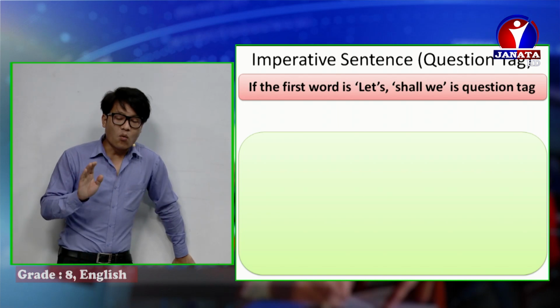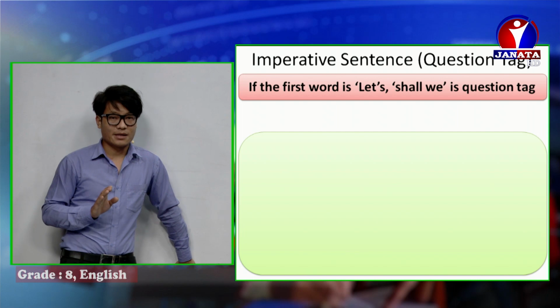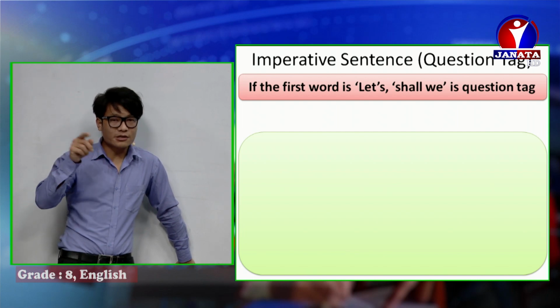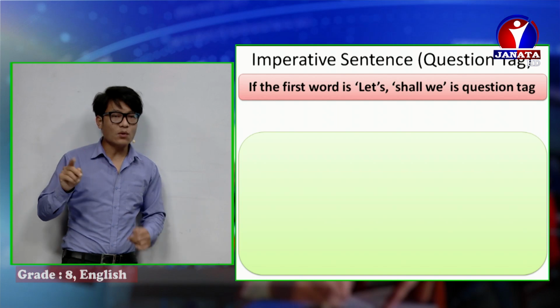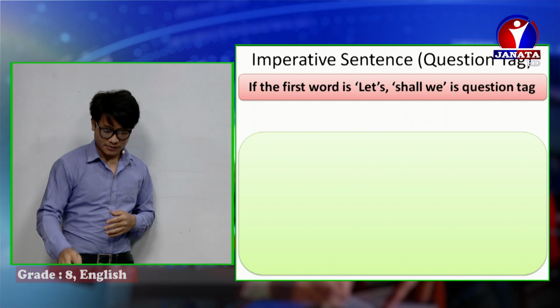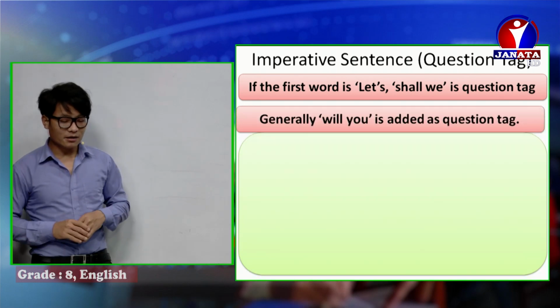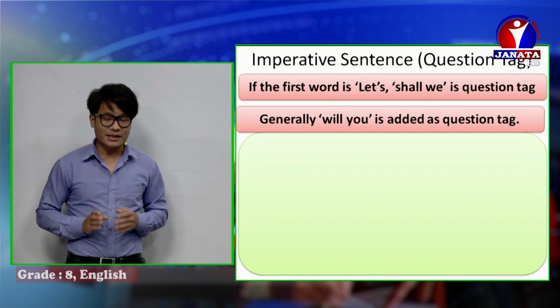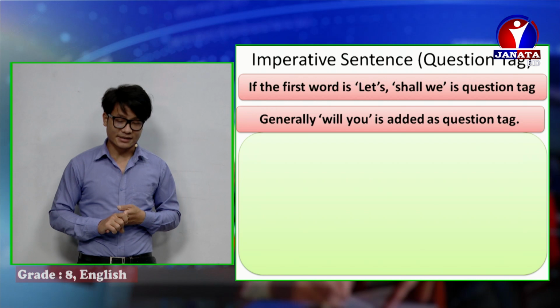If the first word is let's, L-E-T apostrophe S, then shall we is the question tag. Generally, will you is added as the question tag in an imperative sentence.